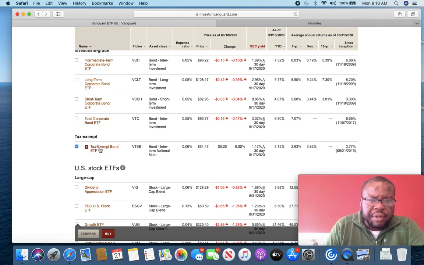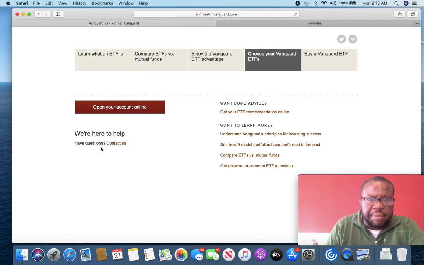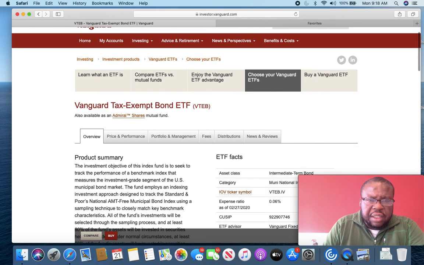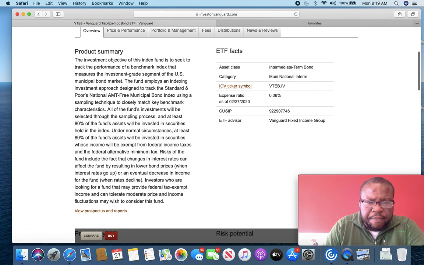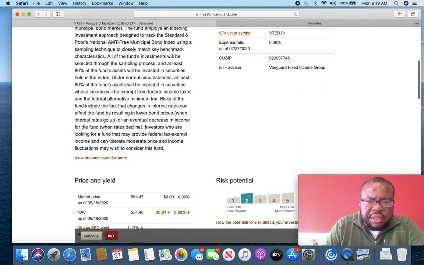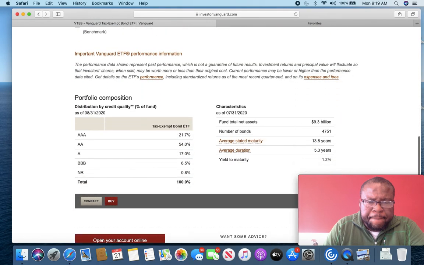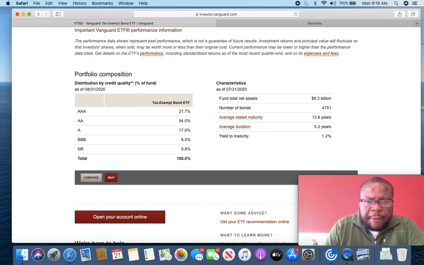So just for the fun of it, let's look into it. Let's click here, and then let's click here. Let's look at the tax exempt bond ETF. Let's see what is in it. Vanguard tax exempt bond ETF. Okay, let's see what's in it. Now they say here there is some AAA bond, which is probably the best.